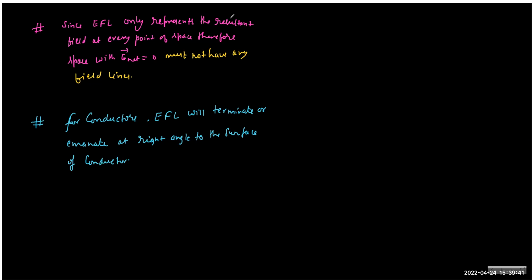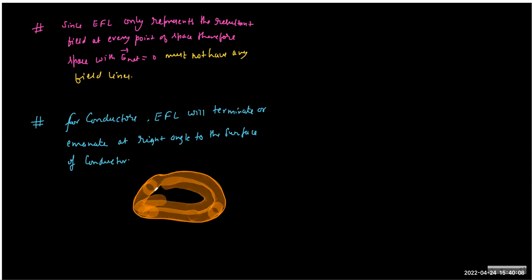So what does it mean? That if we have a random shape conductor, let's say the charge question that we talked about, the electric field will of course have some induction here, and it will induce some plus charge here, right?